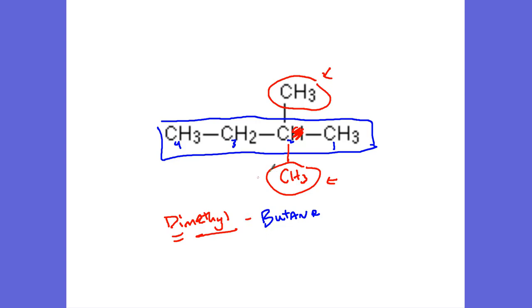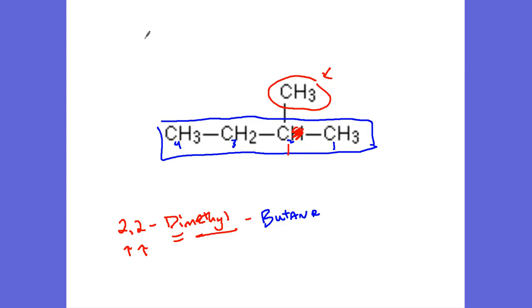And where are those 2 methyl groups coming off of? They're both coming off of the second carbon. So you would have to call that 2,2-dimethyl. You have to write the number of each methyl group. So we would call that 2,2-dimethylbutane. Now let's say this CH3 is not coming off the second carbon.